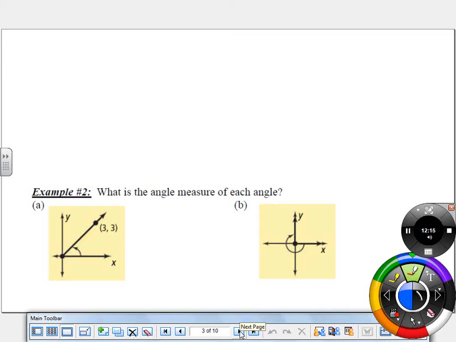So now if you are given a diagram, can you figure out the angle measure? Let's start with part B, actually. Why do I want to start with part B? Any ideas? It's easier. It's on the line, which means I just have to go some multiple of 90 and I'll be there.